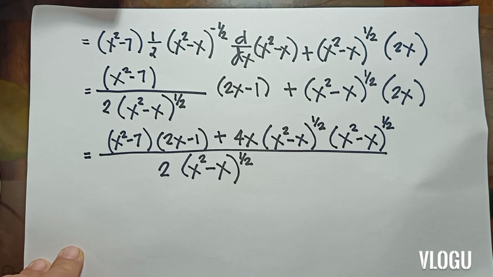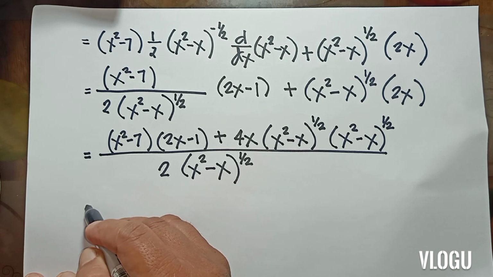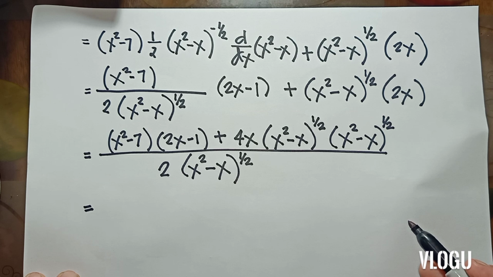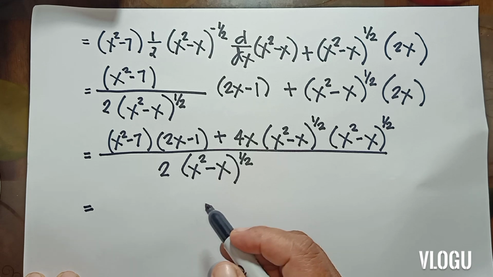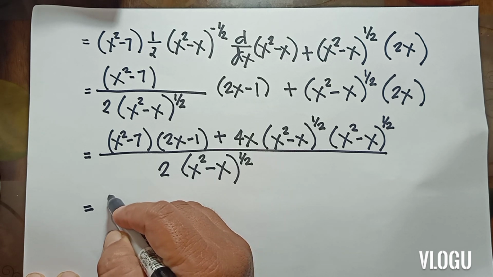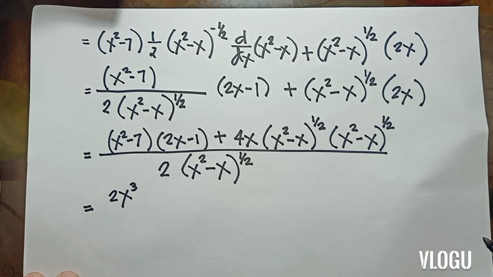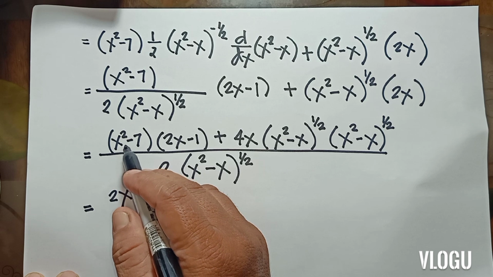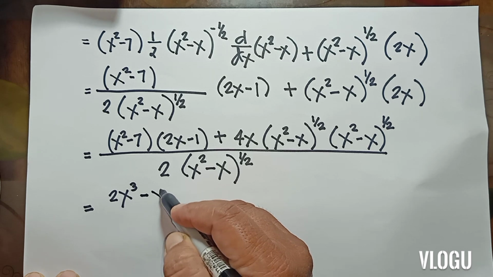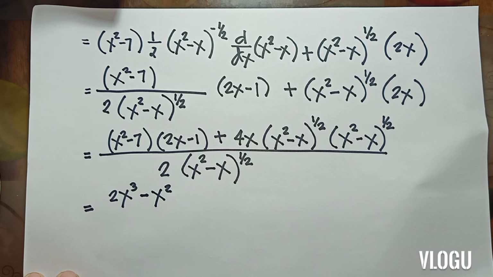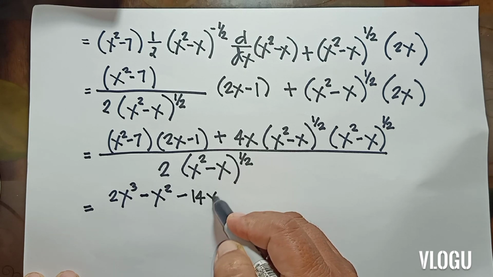So therefore, we will have here x squared times 2x, that is 2x cubed. Okay. Then we have x squared times negative 1. So we will have negative x squared. Okay. 2x times negative 7, negative 14x.